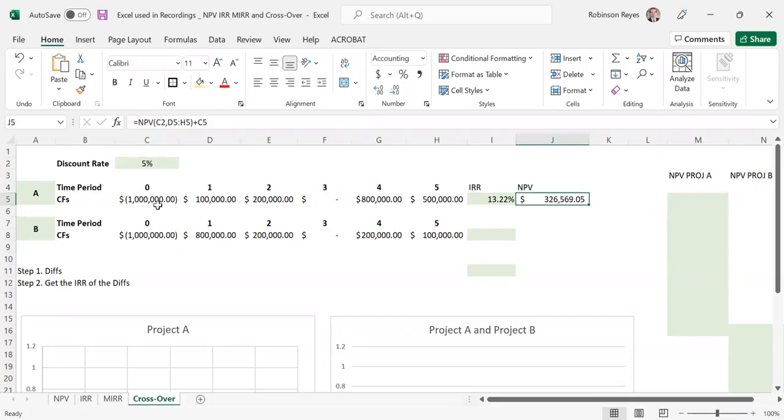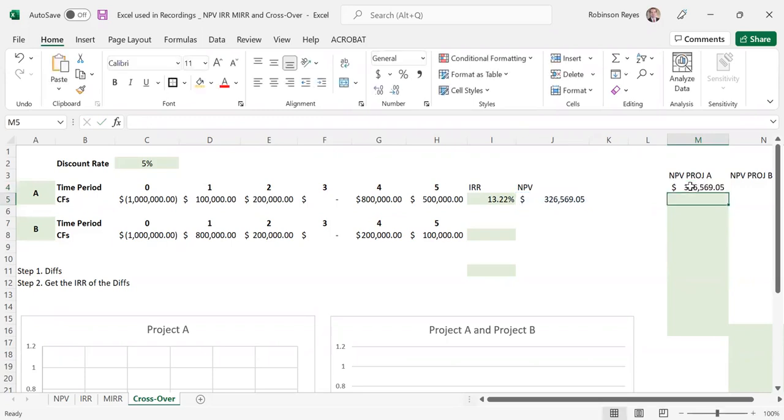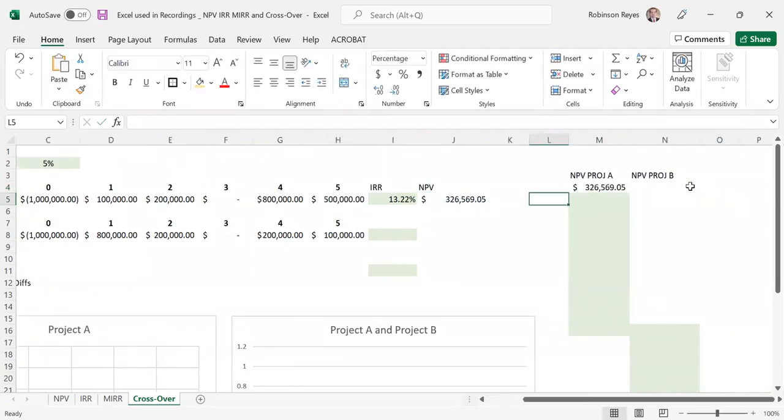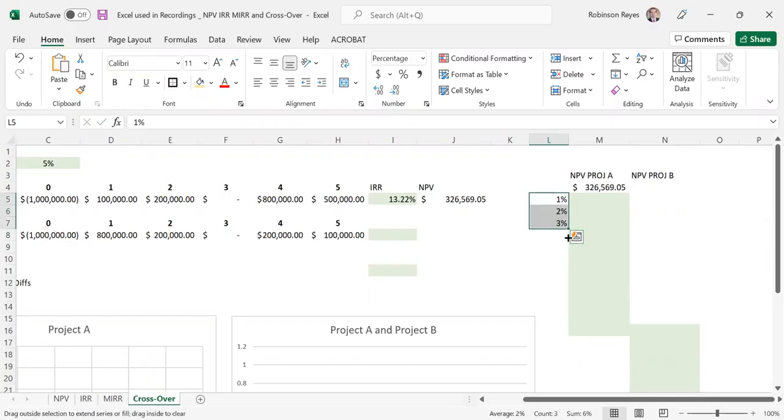Now let's prepare this data table where we will calculate the NPV for project A and look at the NPV profile. So let's just look at different discount rates. I'm going to have them all here.